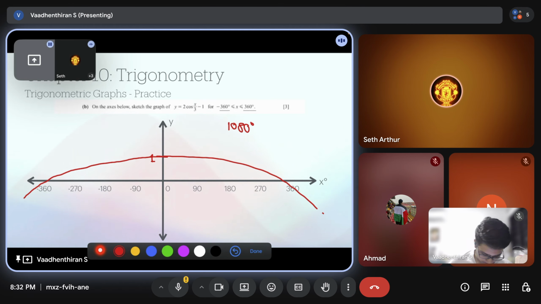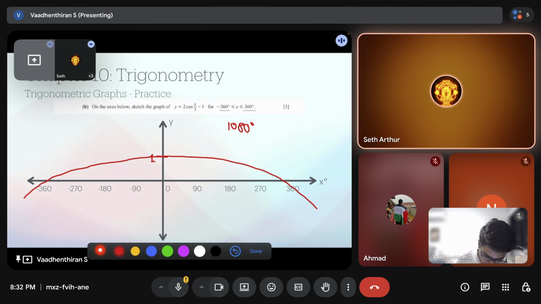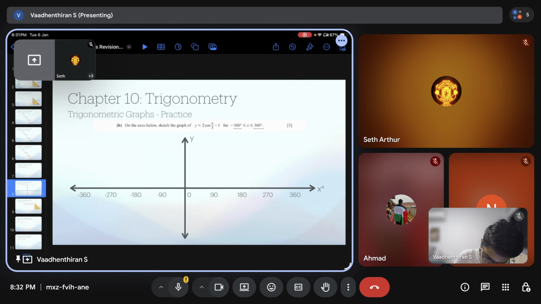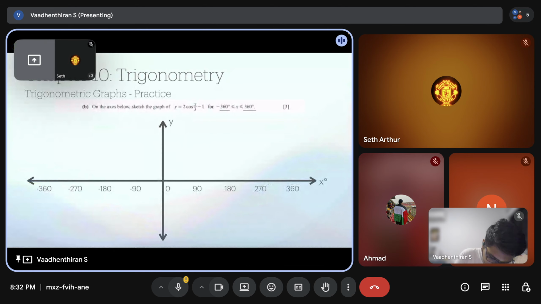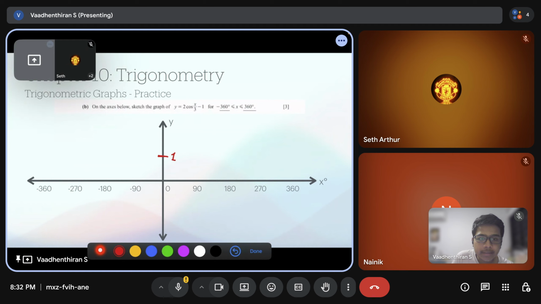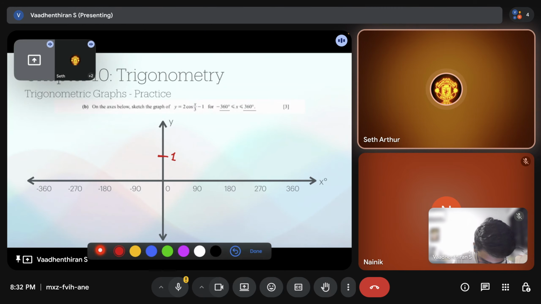You don't get it. Okay. I'll just minimize the screen. You know that we are starting it from one. So you're clear with this, right?